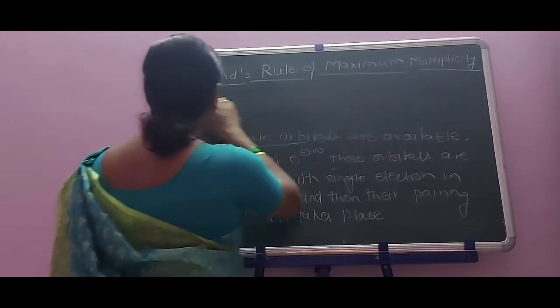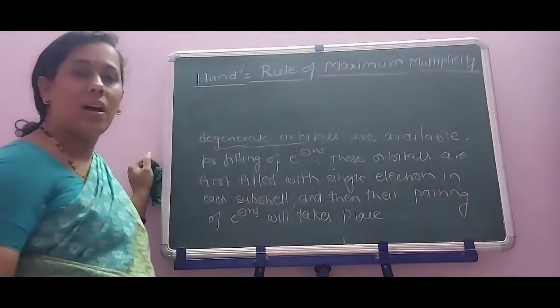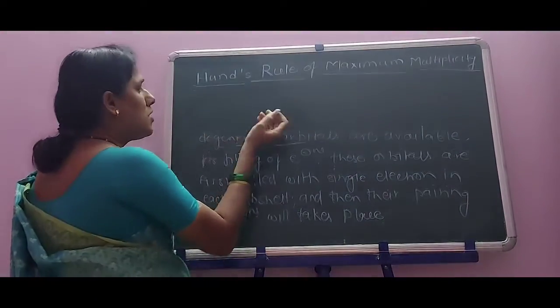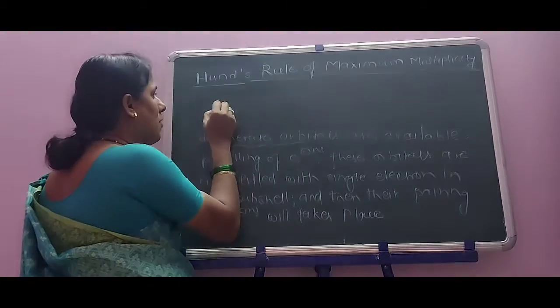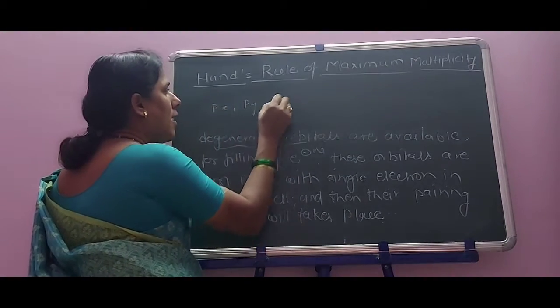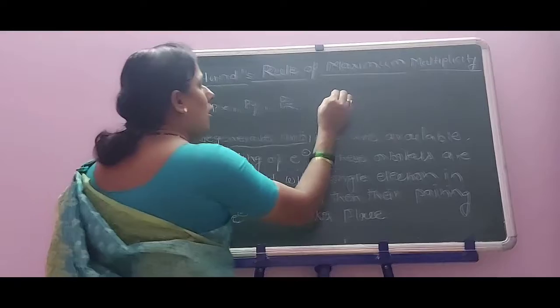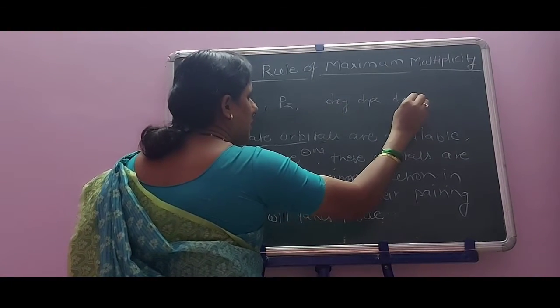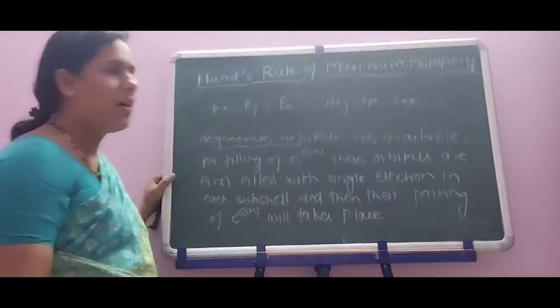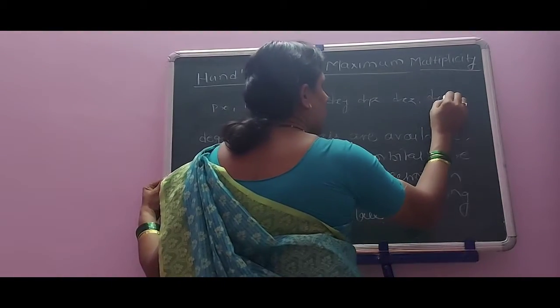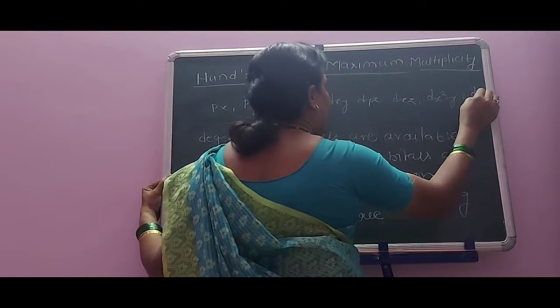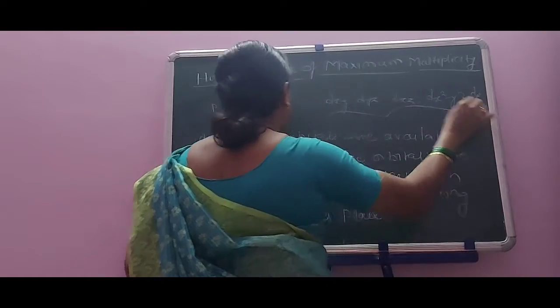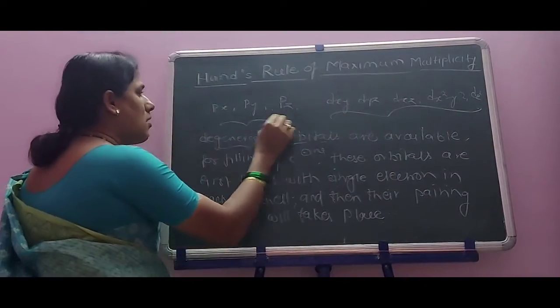See here, when degenerate orbitals are available, which are degenerate orbitals? That is px, py, and pz, or dxy, dyz, dxz, and along with this dx square minus y square and dz square. These are of one category.